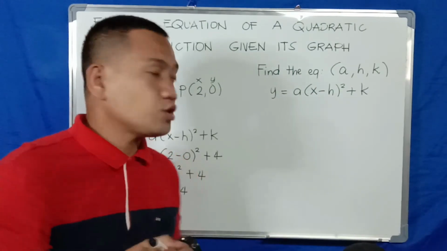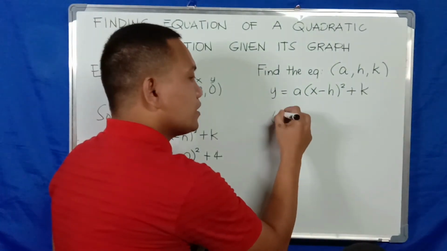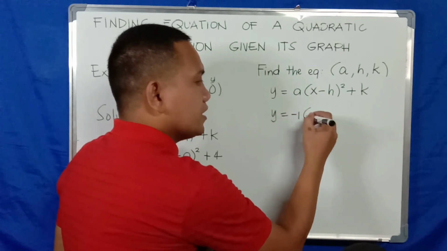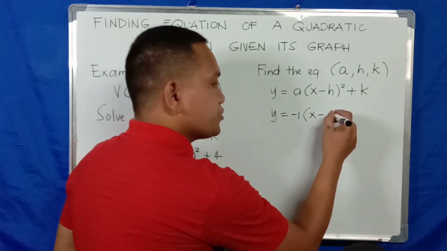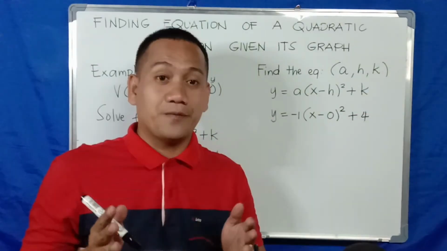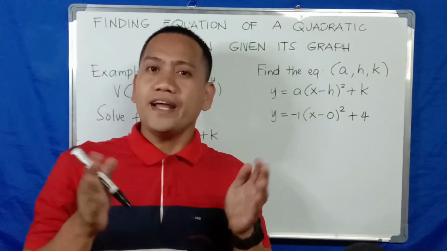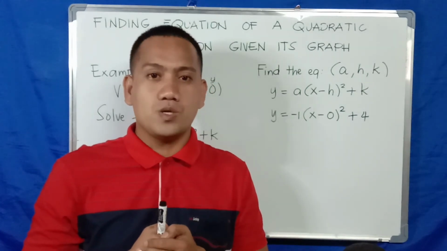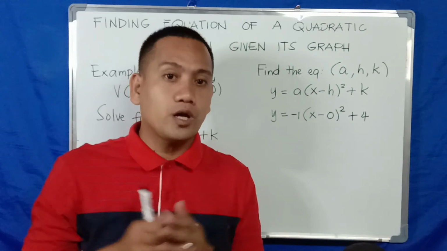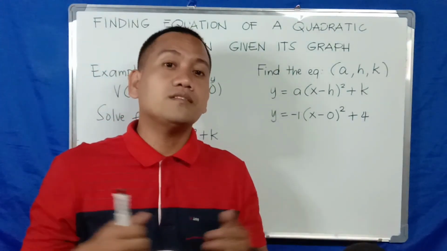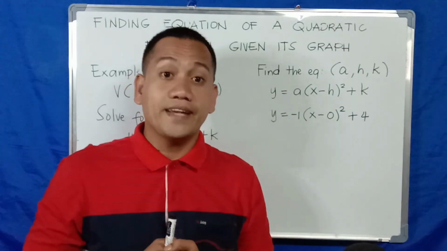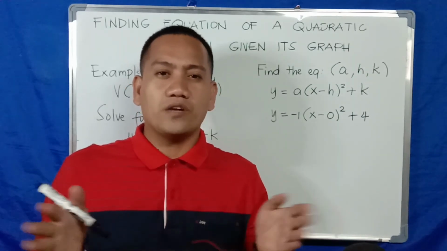So by substitution, we will simply substitute our a, which is negative 1, then our h, which is 0, and our k, which is positive 4. Unlike in our first example, our a here is a negative value. So we need to specify the negative sign before our square of a binomial. It is still okay not to write 1, but it is very essential for us to have our negative symbol before our square of a binomial.